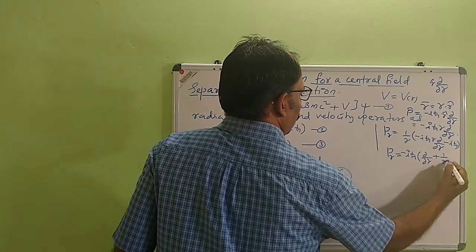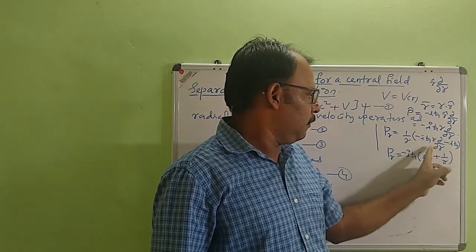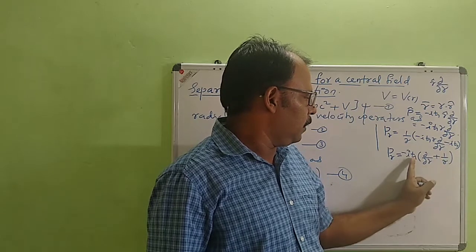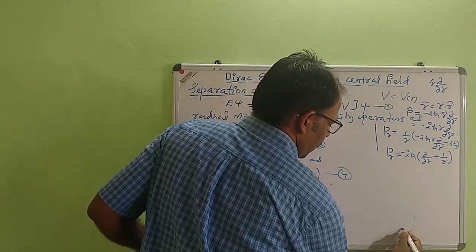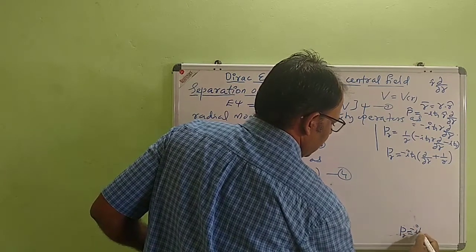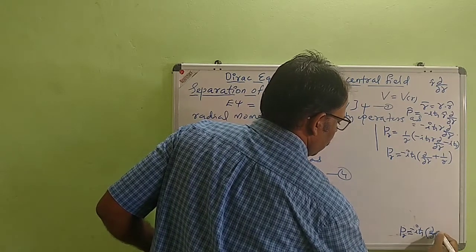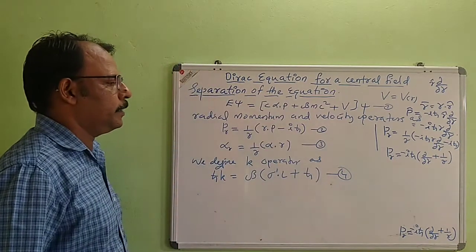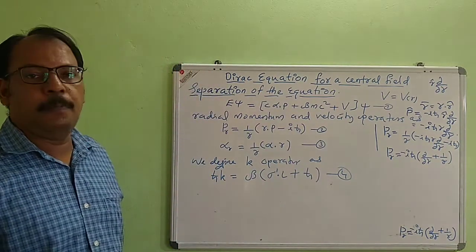Taking minus i h bar common, and dividing by r, we can write P_r equal to minus i h bar into (dou by dou r plus 1 by r). So this is the operator P_r.